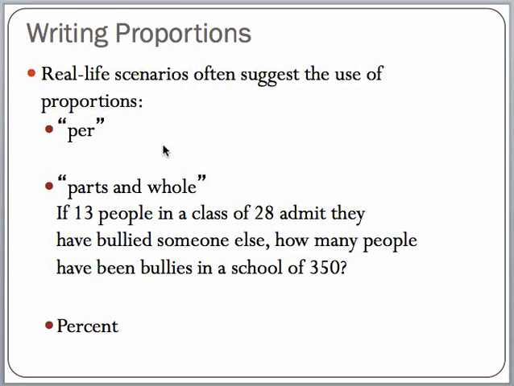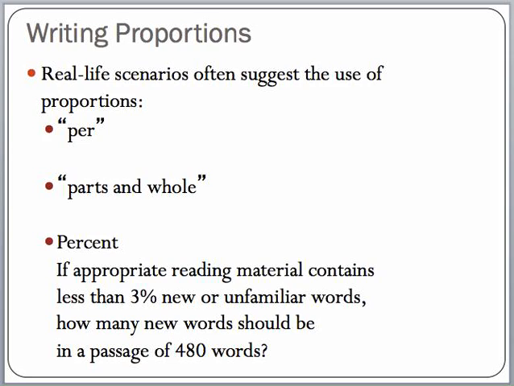So the last example I wanted to show you real quick was a percentage. Percents lend themselves to proportions really easily. The word percent, if you break it down, per is a ratio and cent is 100. And so for percent, you often will write something over 100 as part of your proportion.